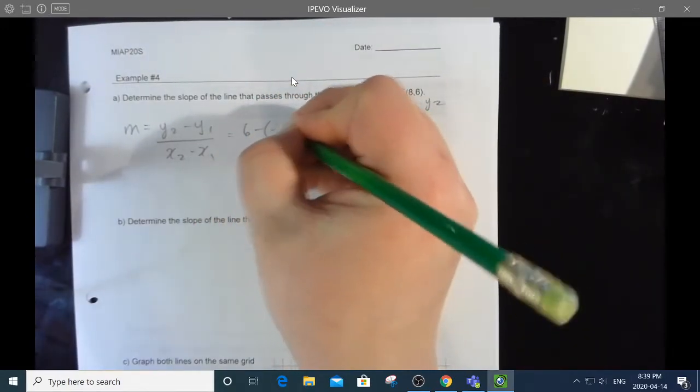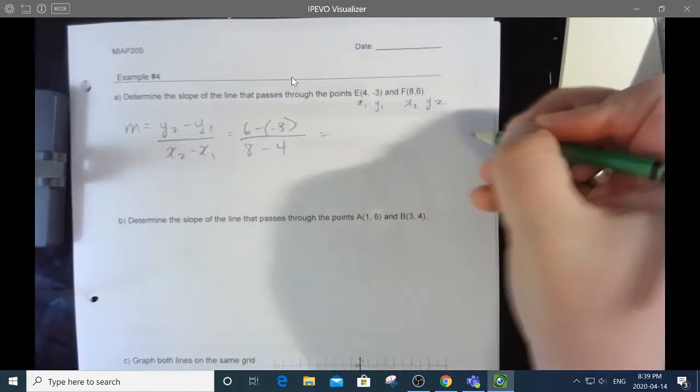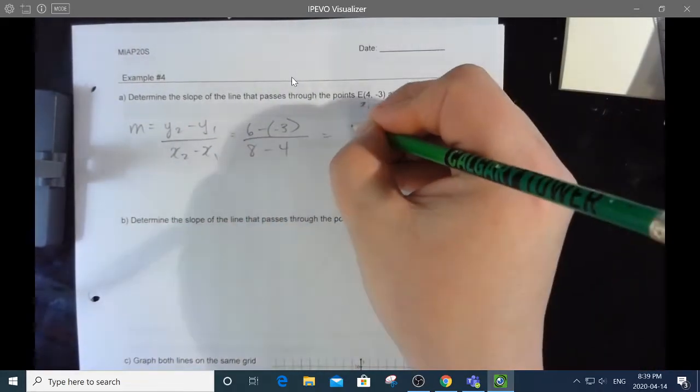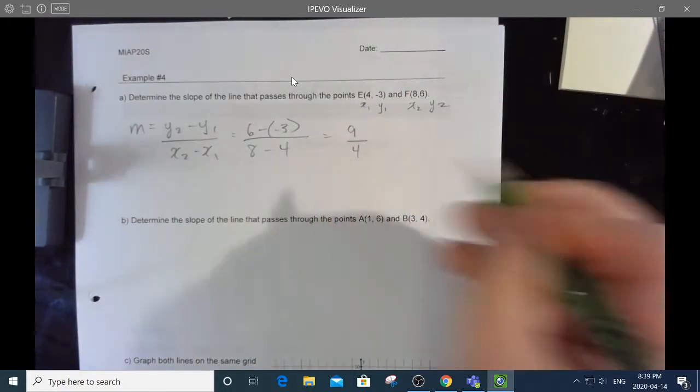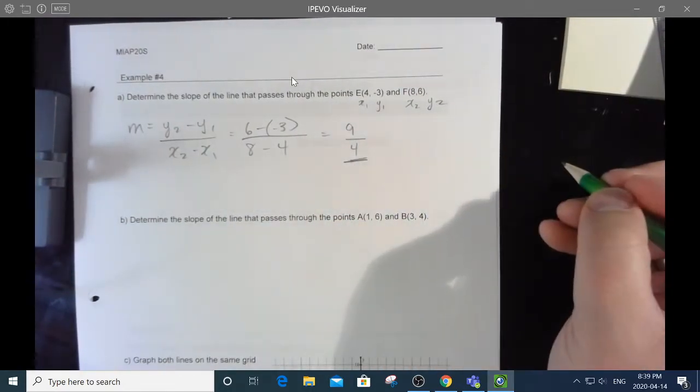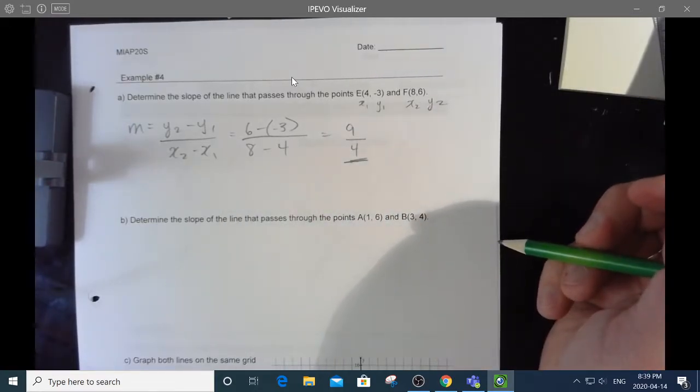So it's 6 minus negative 3 over 8 minus 4. And that's going to be 6 minus negative 3 is 9. 8 minus 4 is 4. And that fraction doesn't simplify, so it's 9/4. Okay? And did it matter that I called this one the first point and that one the second point? And the answer to that is no.